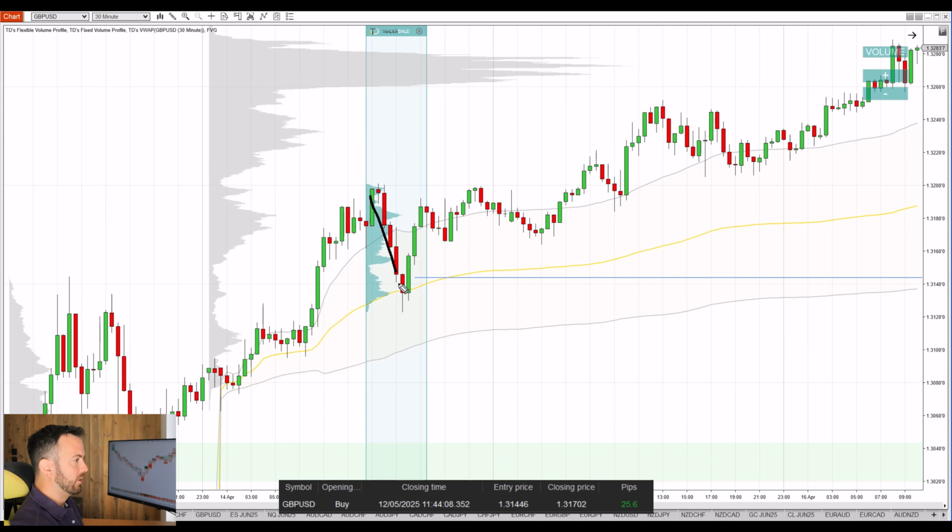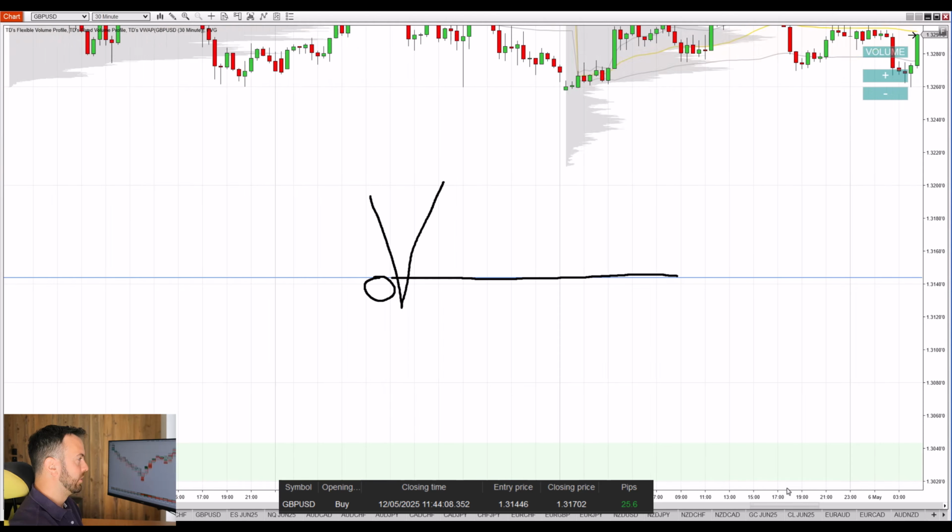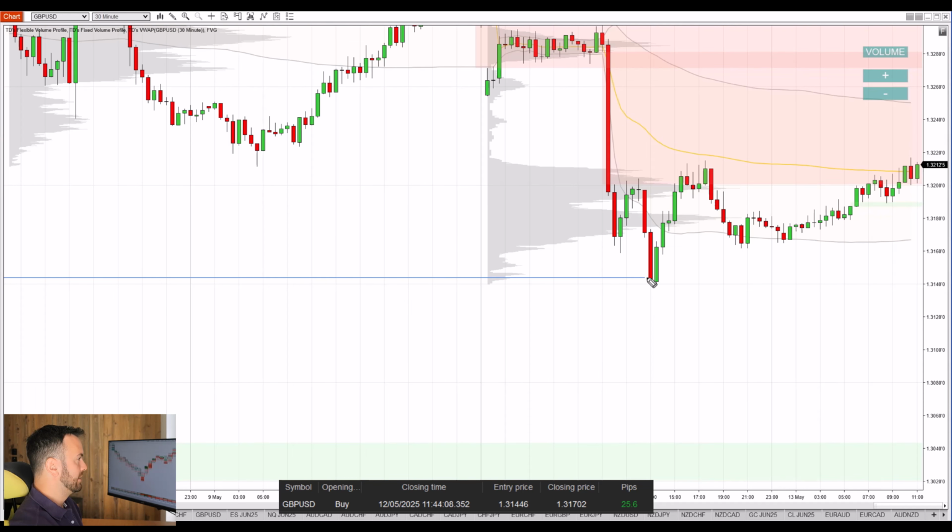It was based on this rejection of lower prices and on this volume cluster formed within the rejection. The level was right here where you see that blue line, and if I scroll forward a bit, then you can see how the price reacted to that level in here.